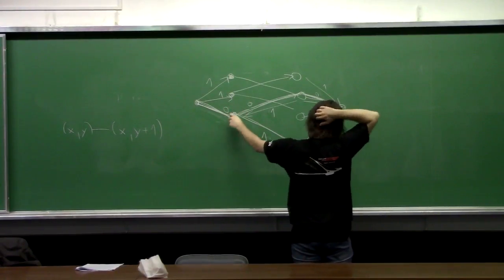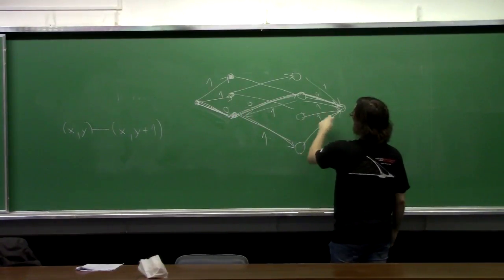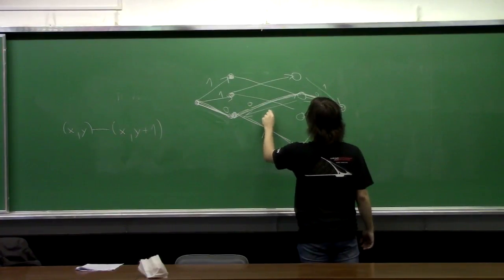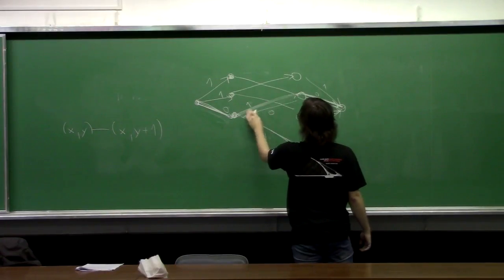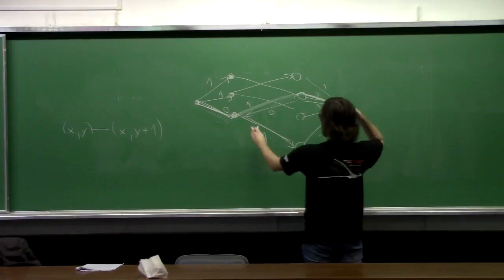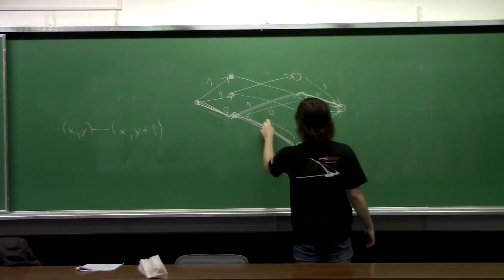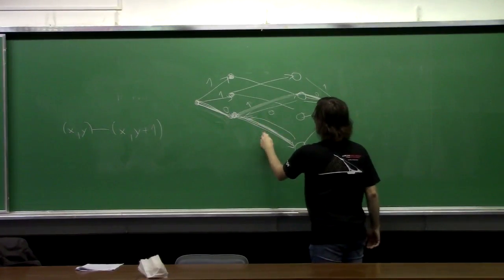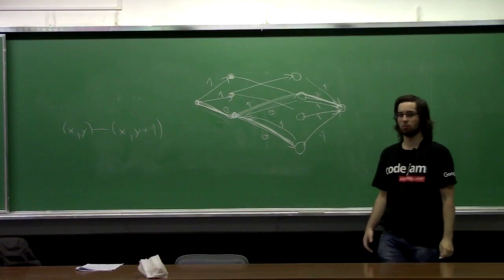If we decided to do this, we would just say that this edge has capacity 0, this edge has capacity 1, remove the flow that went through this edge, send it through this edge, and say that the backwards edge that went from here will have capacity 1 now, and this edge will have capacity 0.